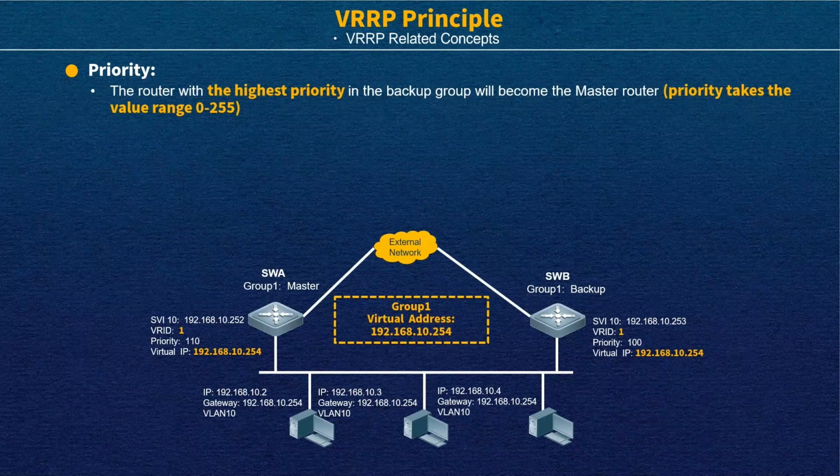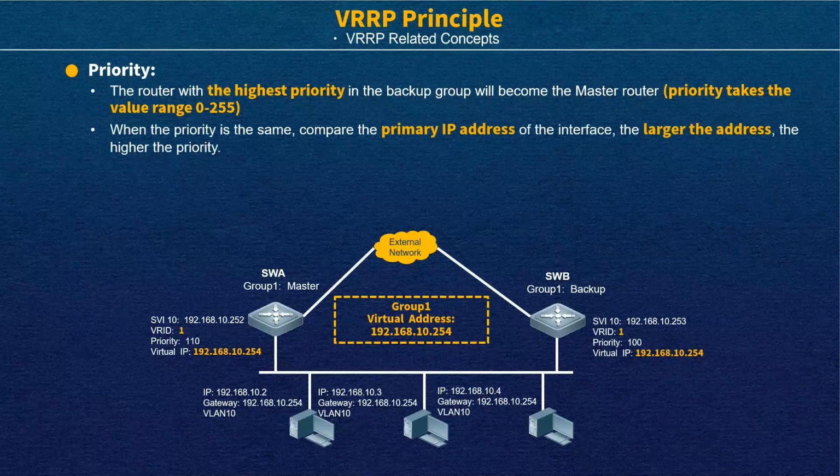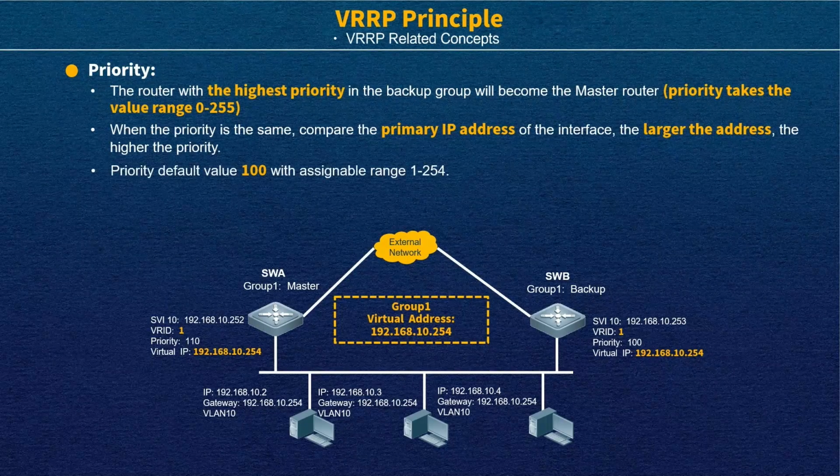If the priority is the same, we will compare the IP address. The higher IP address will become the master. So this is the principle. And the default value is 100. But pay attention, you can only use the command to change the priority value from 1 to 254, because 0 means you delete the VRRP configuration immediately, making the priority become 0.